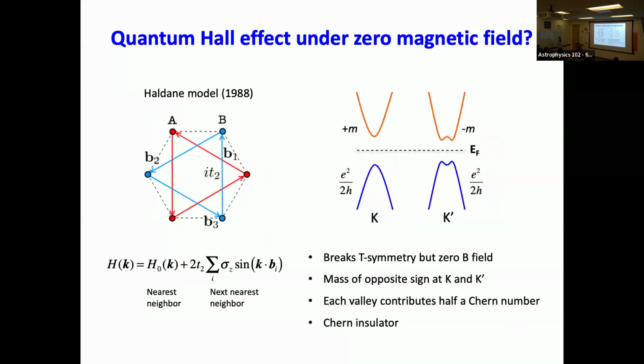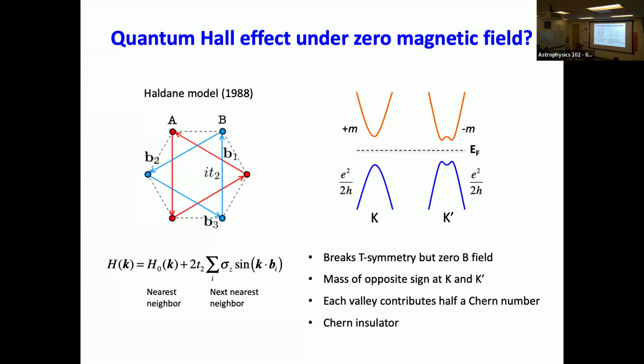Okay. And in 1988, Haldane came up with a model that, in addition to the nearest-neighbor hopping, considered an imaginary next-nearest-neighbor hopping, which has a phase shift for hopping between the A site and the B site. With this kind of hopping you can tell the difference between the two sublattices, and as a result you can open up an energy gap at the Dirac point.